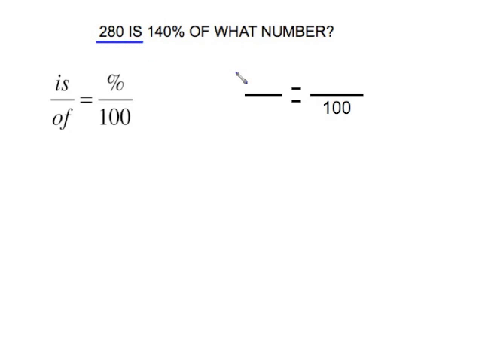280 is 140% of what number? 280 is, that's our top left. 140%, that's going to go over 100. Of what number? We don't know. That's our x. To solve this, I would reduce this fraction a little bit before we go. The zeros are going to cancel out.